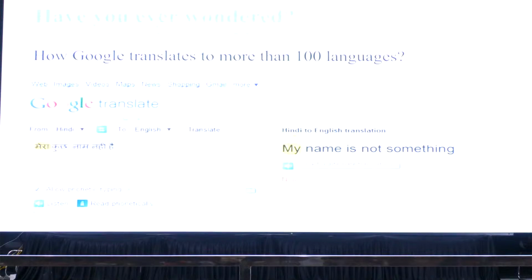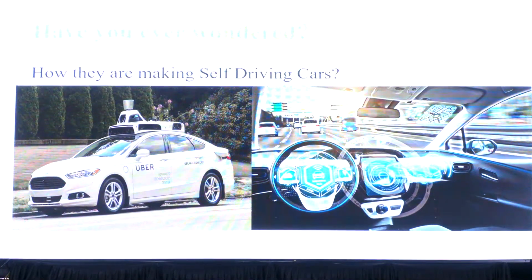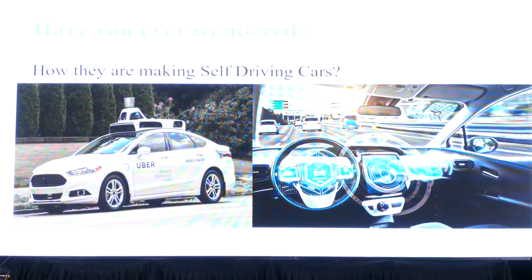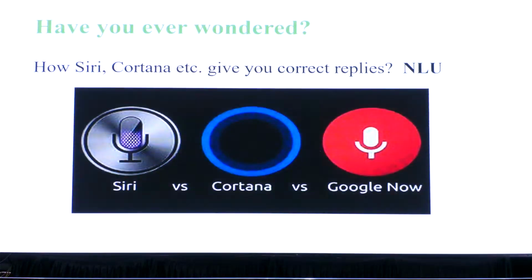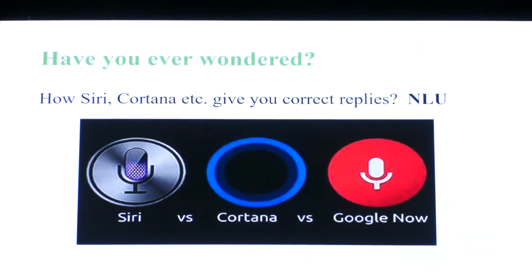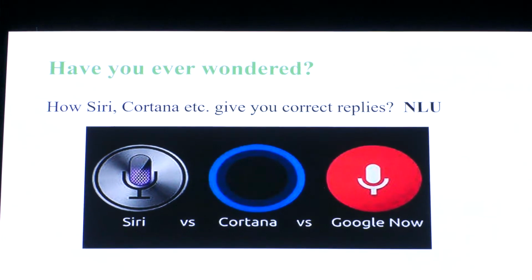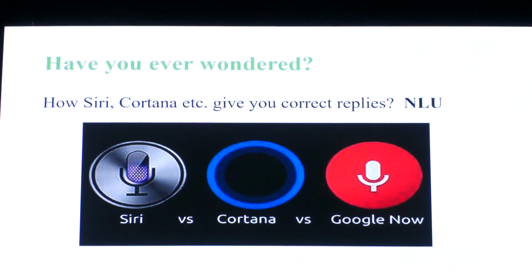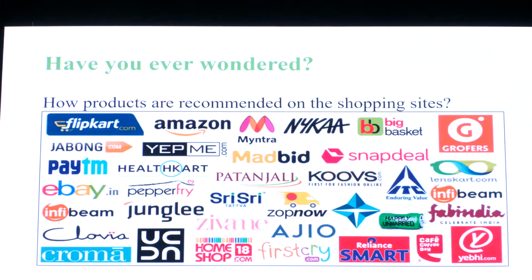Again, a concept of machine learning. That is how they are making self-driving cars, using machine learning. Then have you ever wondered how Siri, Cortana, etc. give you a correct reply by using natural language understanding? They will reply to you. That is also a concept of machine learning.